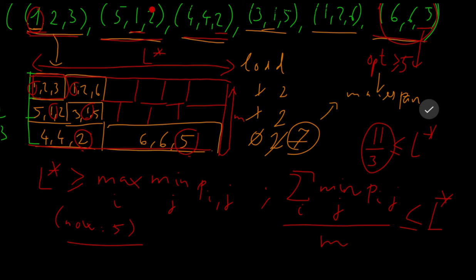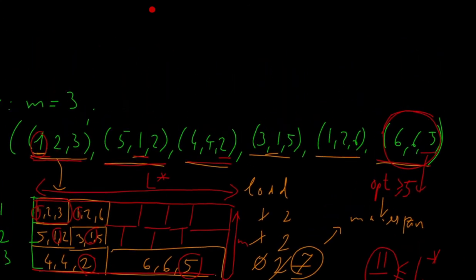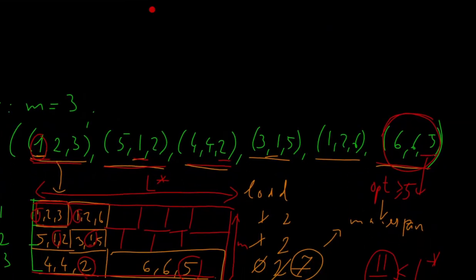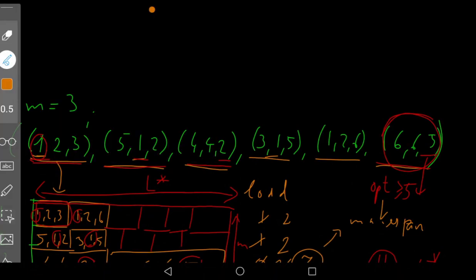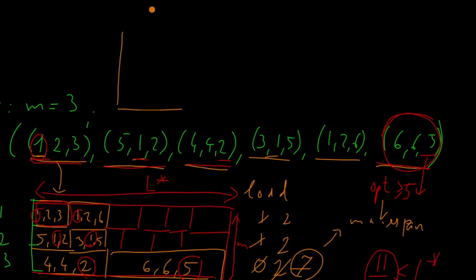So we know that the optimum for this particular input is at least 5, and actually we can do 5. To reach 5, I have to schedule this last job onto the last machine, otherwise it won't fit. If I schedule this one on the other machines, it will already have a cost of 6.